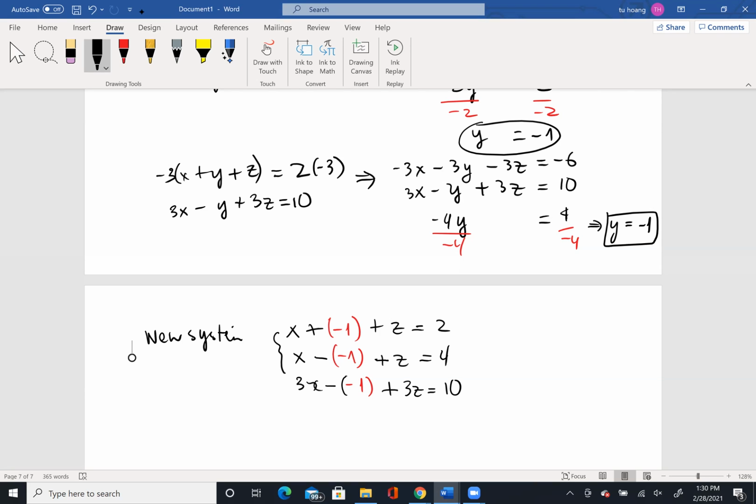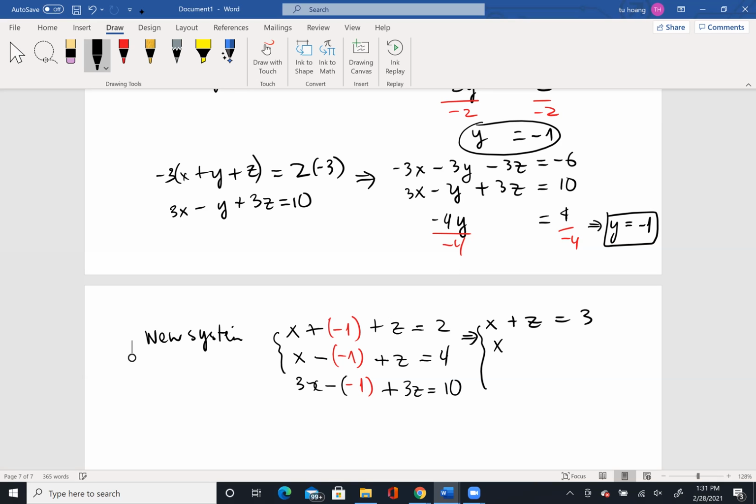So if we simplify and add 1 to both sides of the first equation, you will get x plus z equal to 3. For the second equation, you need to subtract 1 from both sides because this is x plus 1, right?